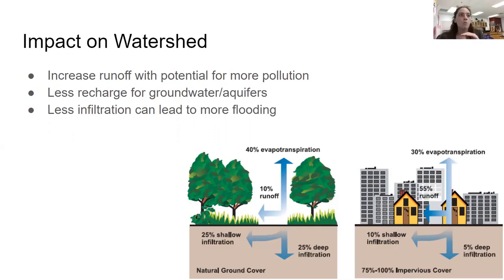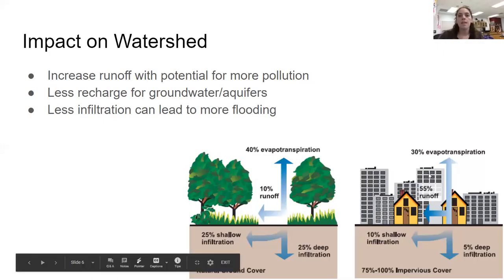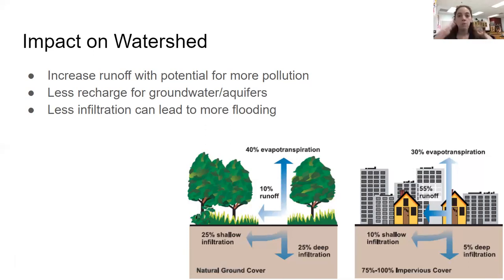Because we've got now more runoff, there's going to be less recharge. The water can't get into the aquifer, so the aquifer is not going to fill up. The third thing that happens as we get more impervious cover is that we can end up with more flooding. So now when it rains, instead of some of the water being able to soak into the ground and some moving across the surface, if it's all primarily impervious, the water is not going to soak in.